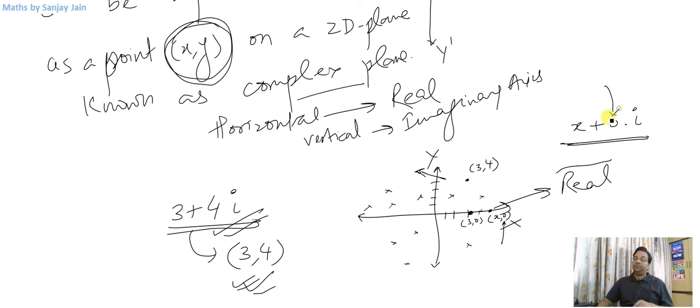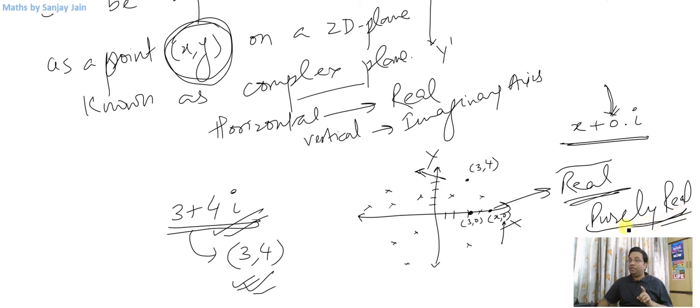That means its imaginary part is going to be 0. So every point that lies on this real axis is purely real. How did we define purely real numbers? Where the imaginary part is equal to 0.